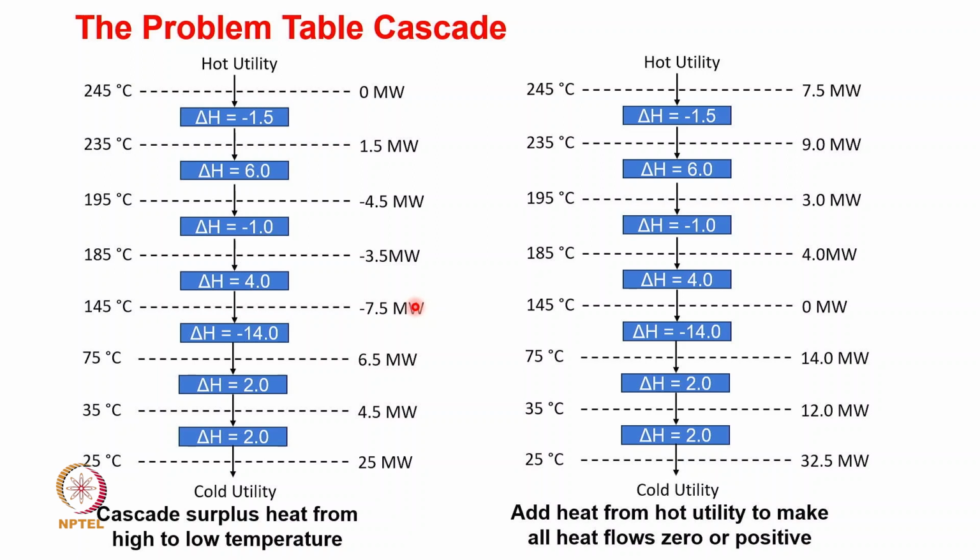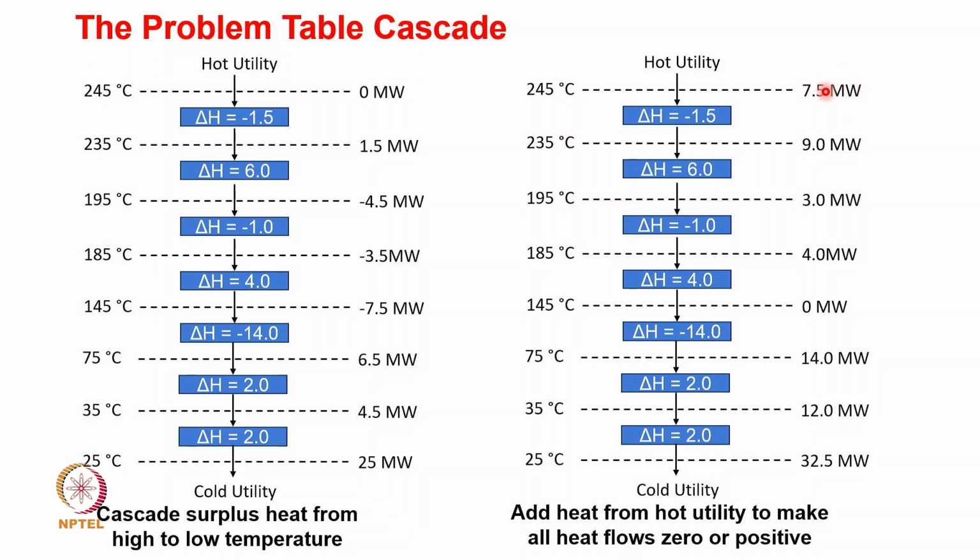Okay, so now what we need to do is make that 0, by adding an additional heat utility. The heat utility that we need here is 7.5. So minus 7.5, to make it 0, you need to add a heat utility of plus 7.5.